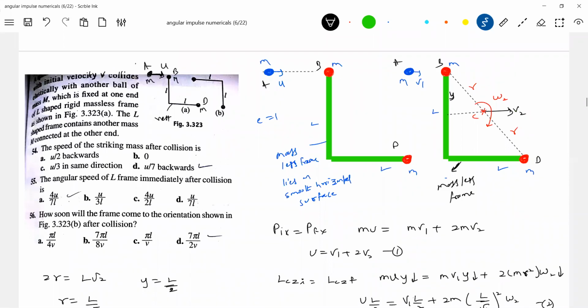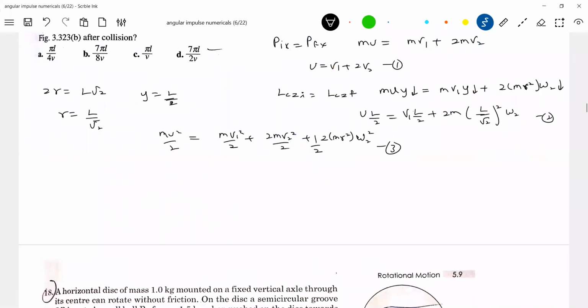How soon will the frame come to the orientation shown after collision? What do you mean by that? To come to this position, through what angle should the frame rotate? After some time the situation will be such that this will become horizontal.